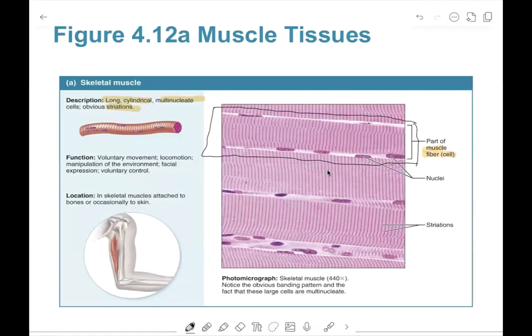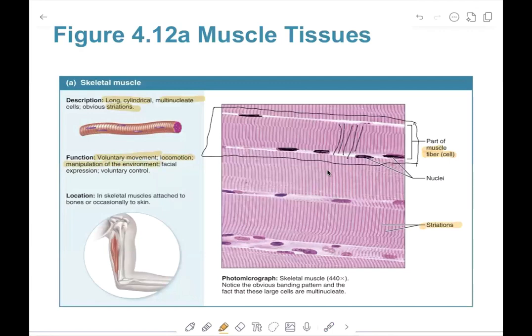In this case, we can see the striations, which are these lines going in this direction. We also see that there are many nuclei. In this case, there are 5 nuclei for this one muscle fiber or cell. It's highly organized, and its function is voluntary movement, locomotion, and manipulation of the environment.